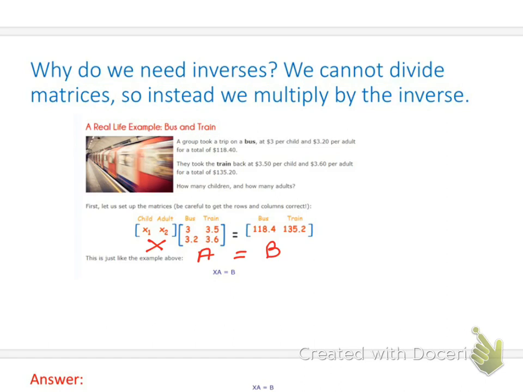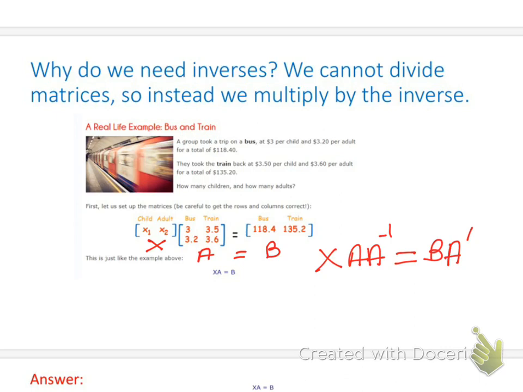So you have to get rid of the A. If this was an algebra problem, we would just divide both sides by A, and you'd be all set. But we cannot divide by matrices. So what we're going to do instead is say XA equals B, multiply this by A to the negative 1, multiply this by A to the negative 1.